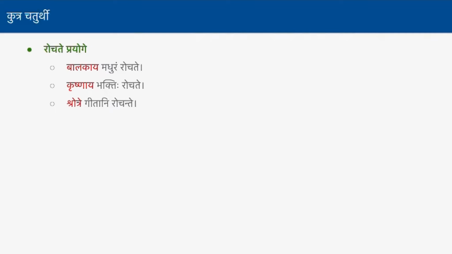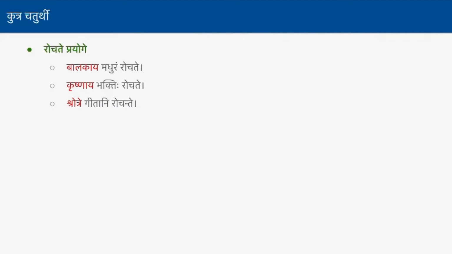For the shrotru pratipadikam, the chaturthi form is shrotre. Shrotre gitani rochante. As gitani is in the prathama vibhakti, the kriya padam always follows the prathama vibhakti, so it becomes rochante in the plural. So hope it is clear.